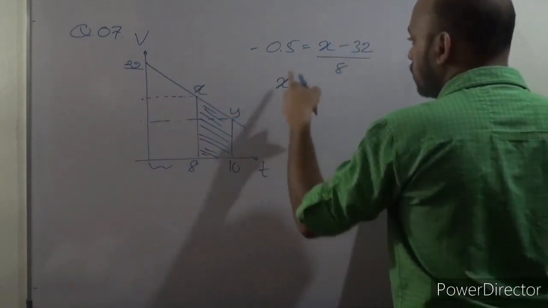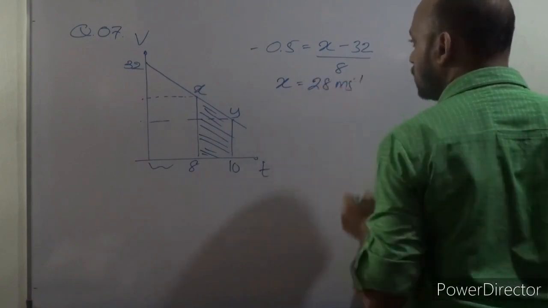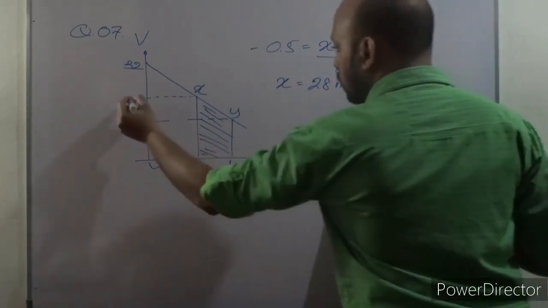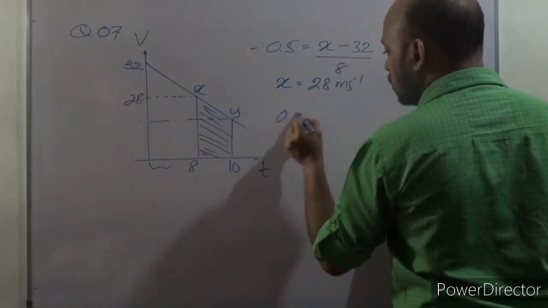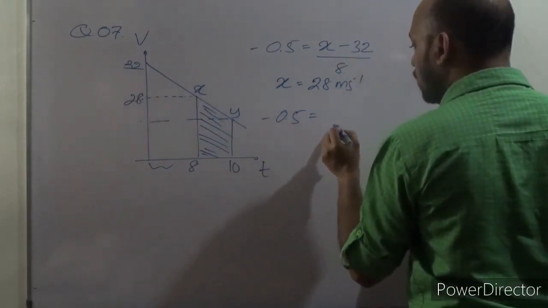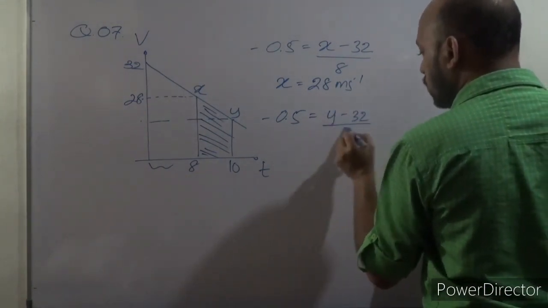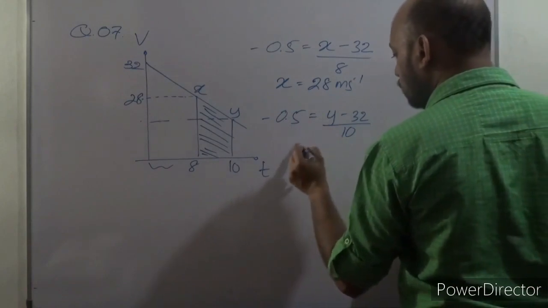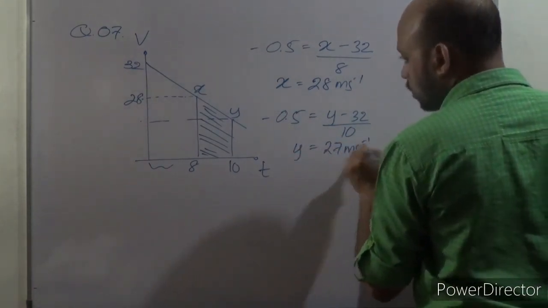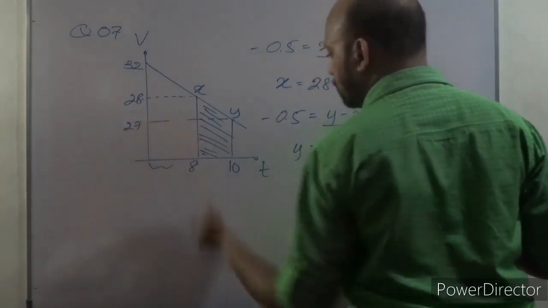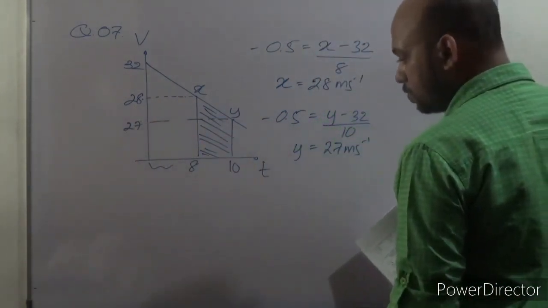So it is 28 meters per second. Now y, the same gradient: y minus 32 over 10, so 5, y should be 27.